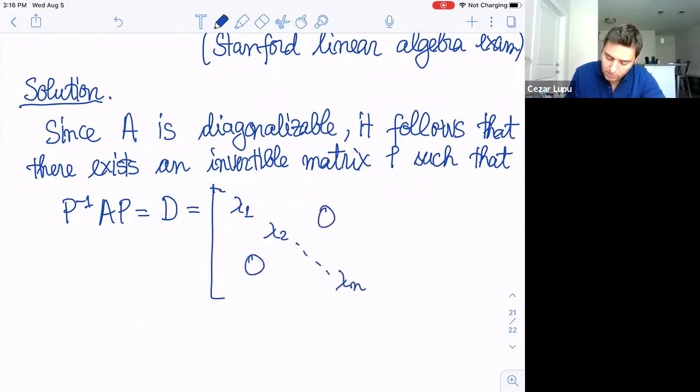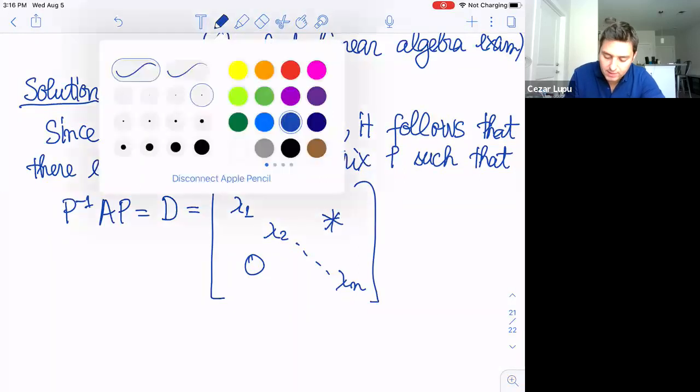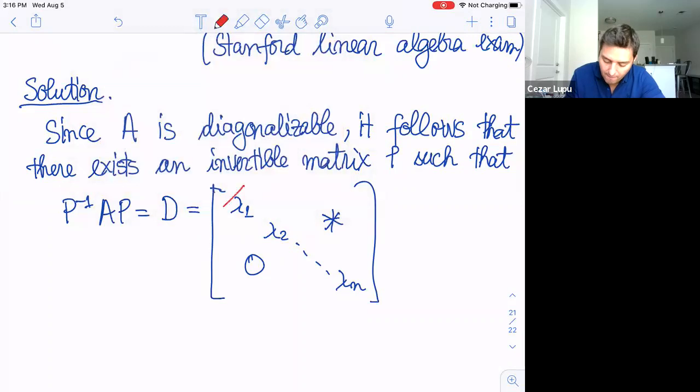You will have 0, 0. Anyway, it doesn't really matter. Diagonal, upper triangular, it doesn't really matter. But what matters is that we have these eigenvalues here.